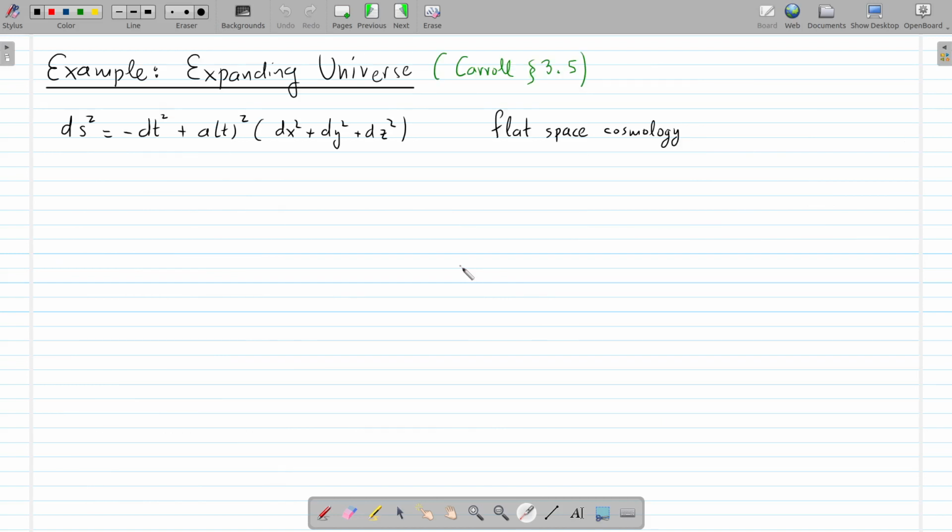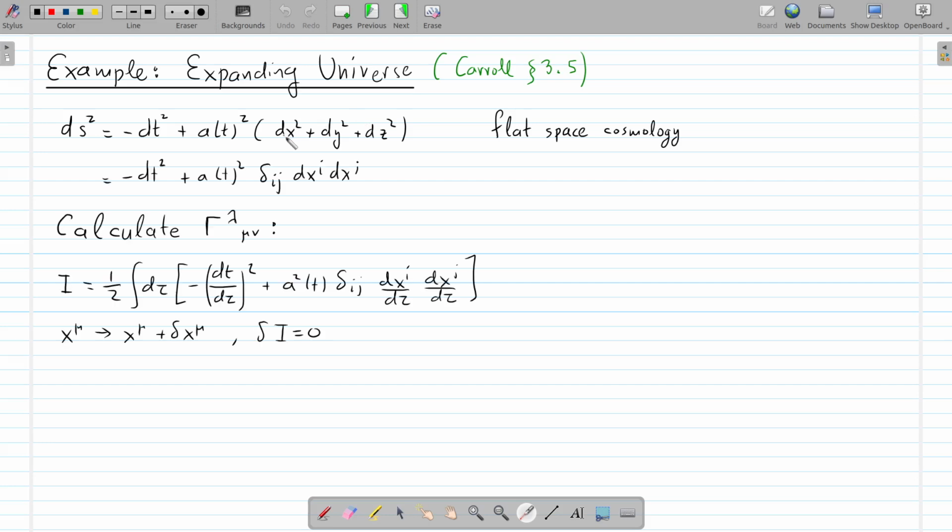So let's apply this to an expanding universe. We will consider again flat space cosmology as we did in a previous video. The metric for this cosmology is given by this expression here. We see that space is flat at a given time; x, y, and z are Cartesian coordinates for those observers here. They're called co-moving observers. And this sum here can be written, with the help of a Kronecker delta, delta ij, as delta ij dx^i dx^j.